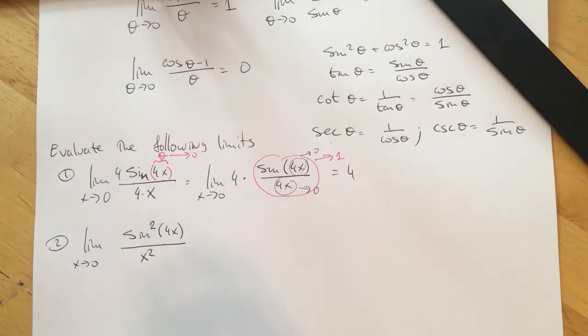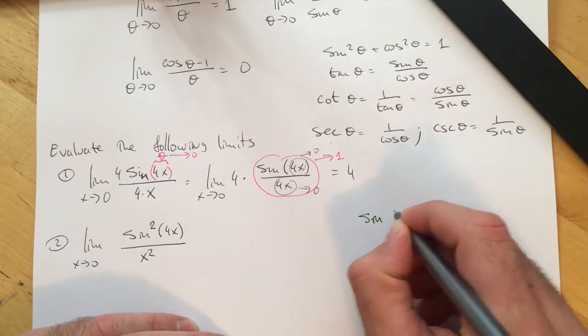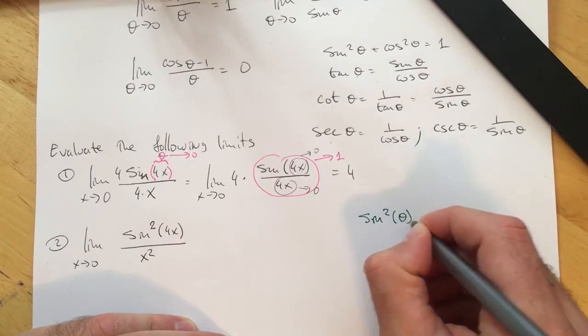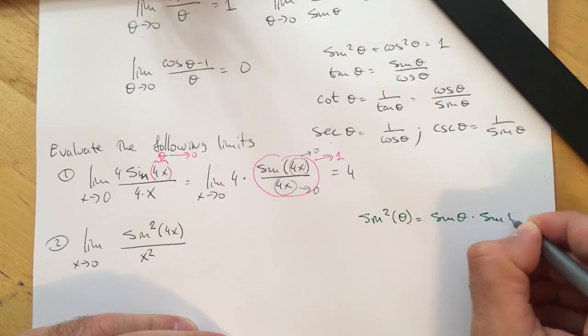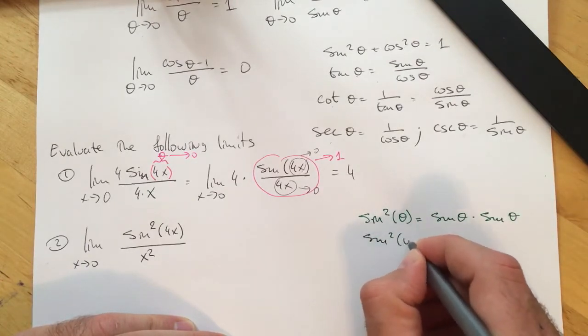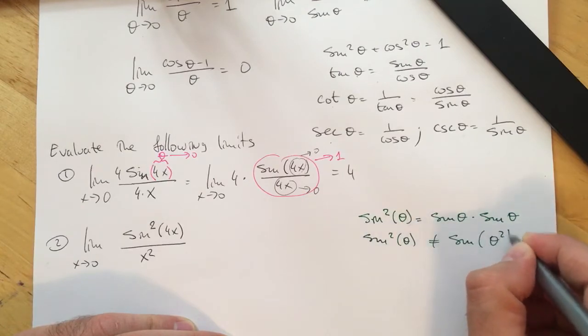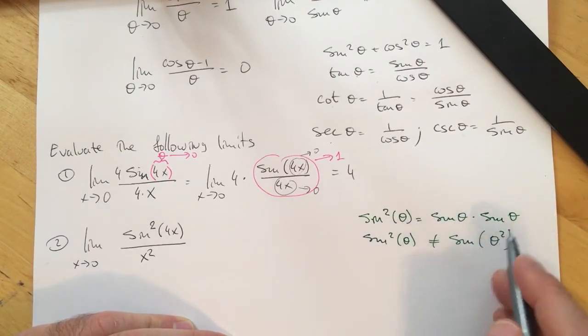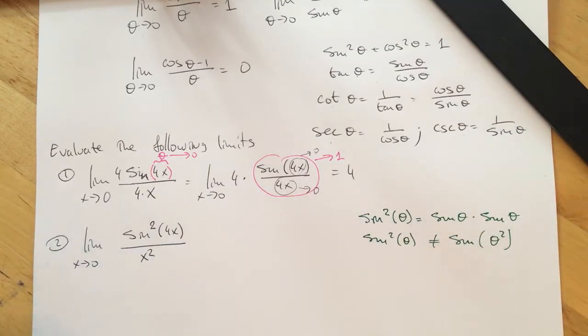I just wanted to make sure that you understand that when I say sine squared of theta, this means sine of theta times sine of theta. Or in other words, sine squared of theta is not the same as sine of theta squared. Be careful, those are completely different. This is sine of theta times theta.